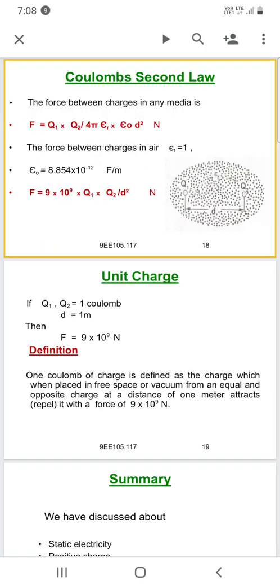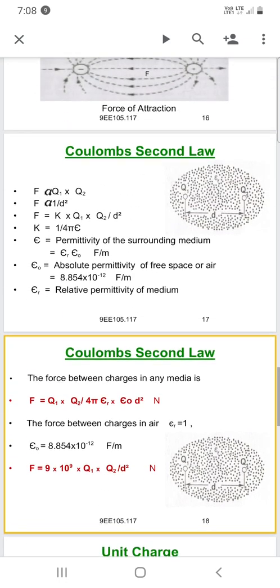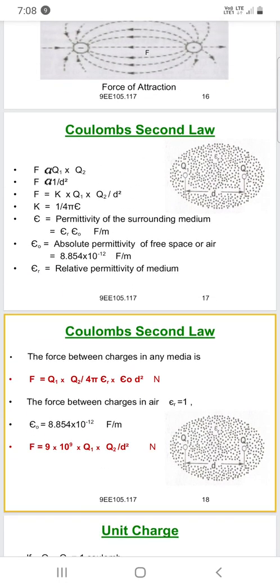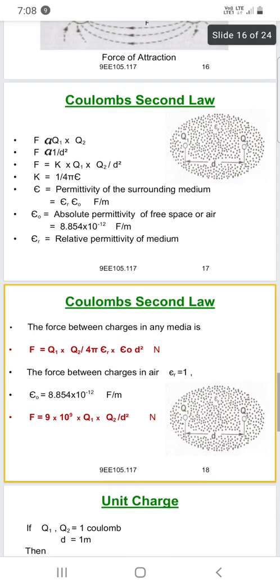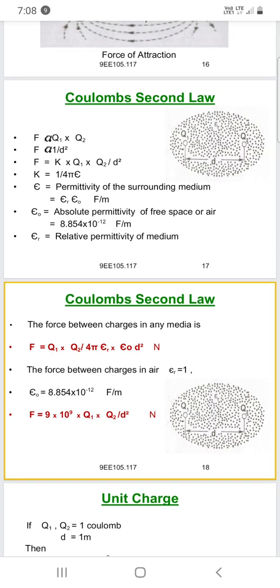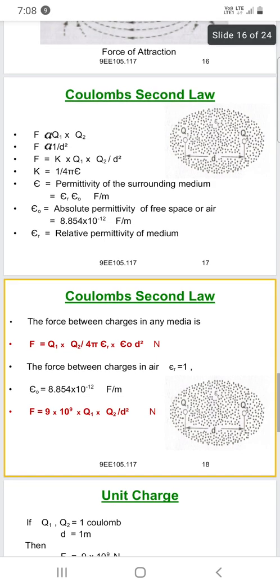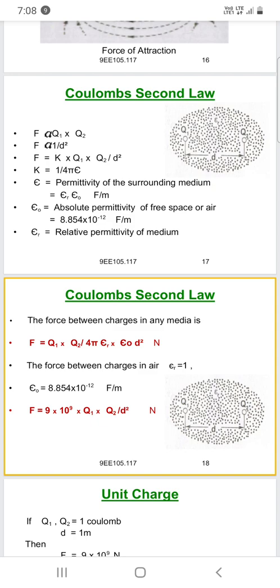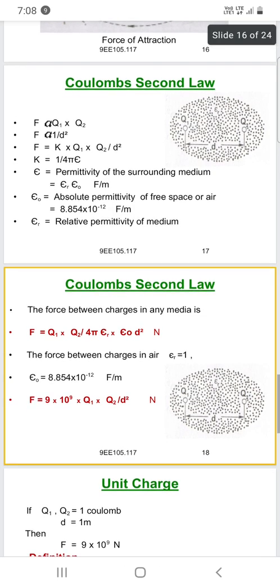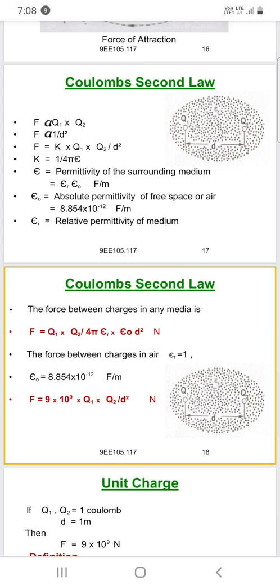Next, the force exerted between the two charges is inversely proportional to the square of the distance.